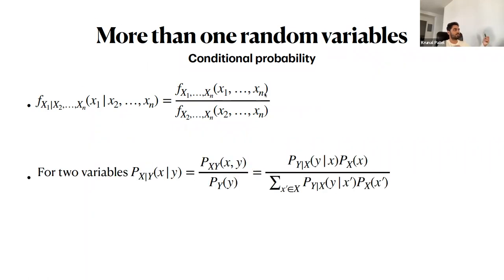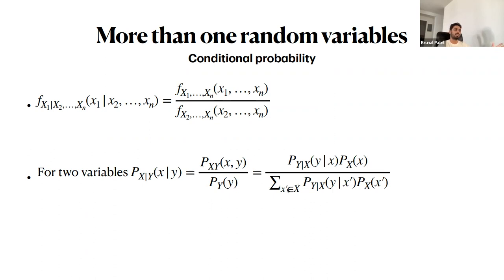Now, for two variables it is sometimes more useful. We want to calculate the probability of x given y. In that case, we have the joint function, probability of x, y, and in the denominator, we'll have the probability of y taking the value y. We just did exactly the same thing that we did in the Bayes rule.